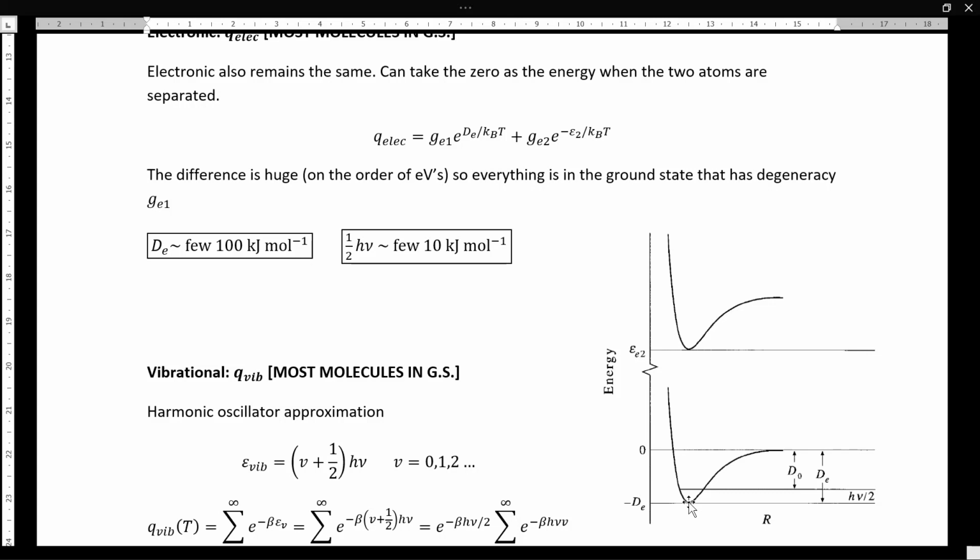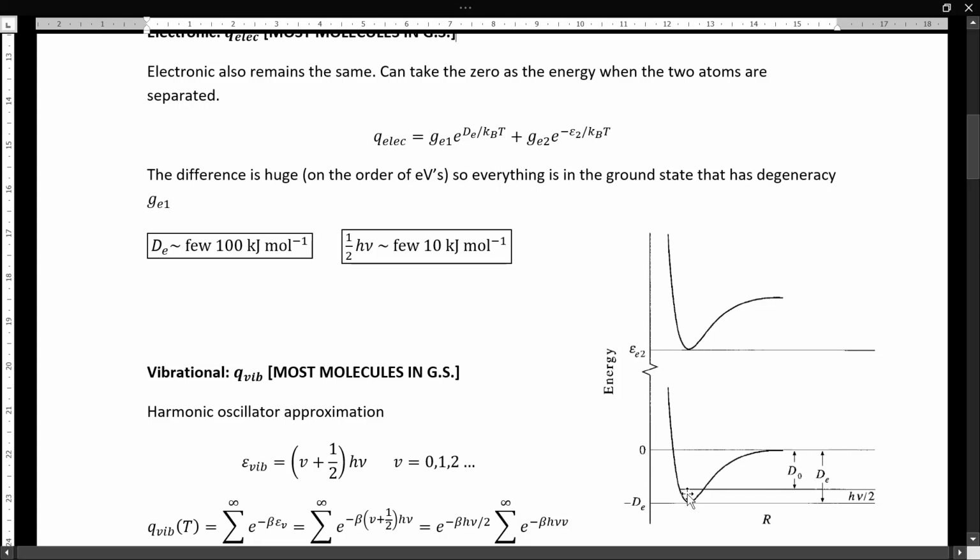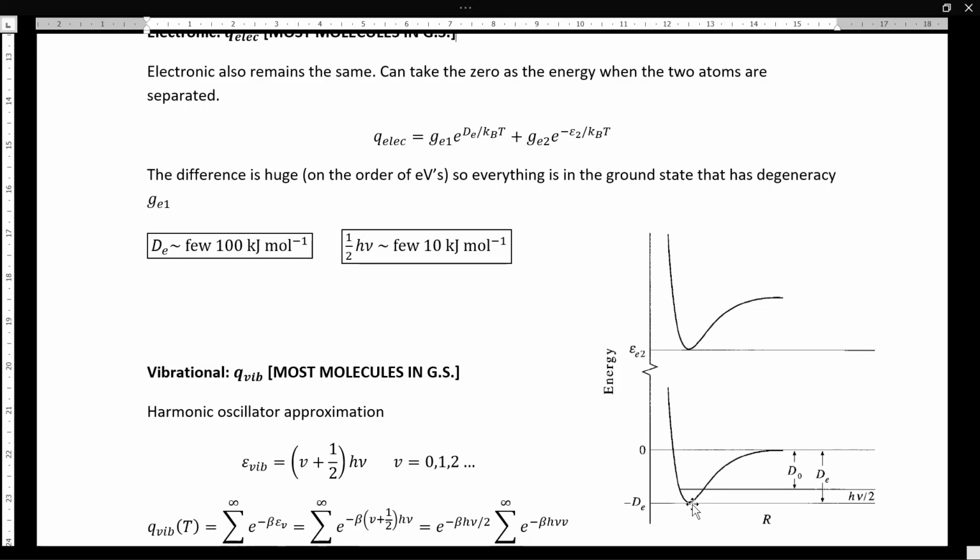That's your equilibrium bond length, and that's the equilibrium energy. Remember, because of the vibrational state, the molecule would be sitting over there. The lowest energy would be there, and when it has to dissociate, it is going to require an energy of D0.